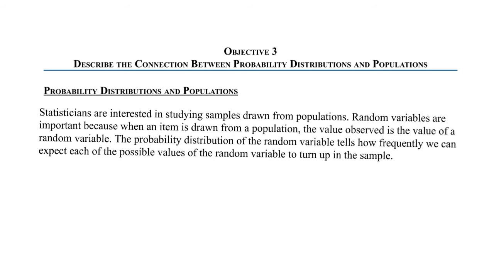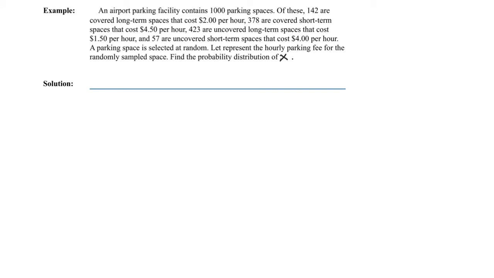Objective 3, the connection between the probability distribution and population. We can think of a probability distribution as describing a population. The probability of each value represents the proportion of population items that have that value. This is an example to find the probability distribution of X, where X represents the hourly parking fee for a randomly sampled space.